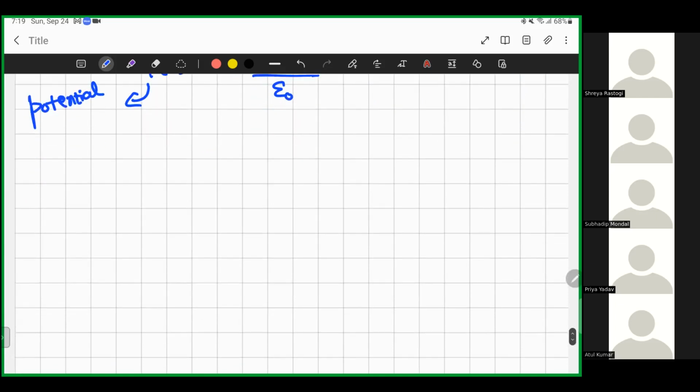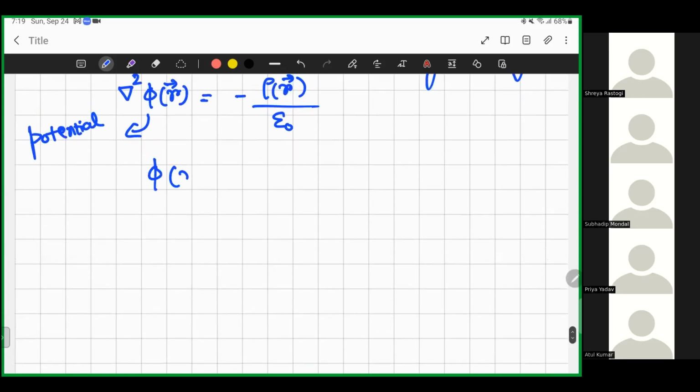We know this solution: phi(r) equals 1 by 4 pi epsilon naught times the integral of rho over |r minus r prime|. This is the Coulomb potential.